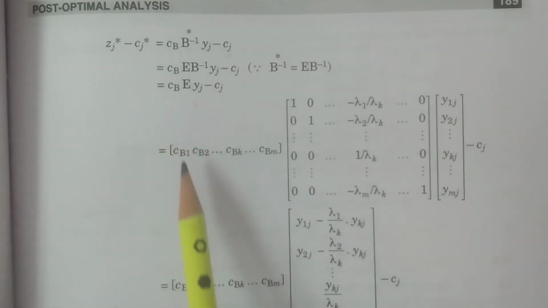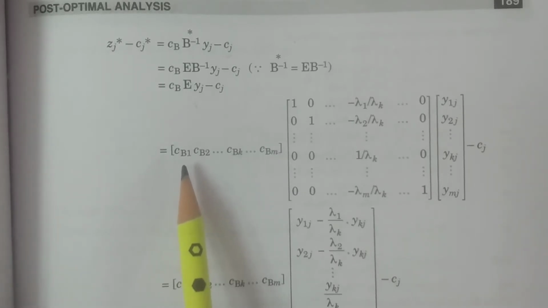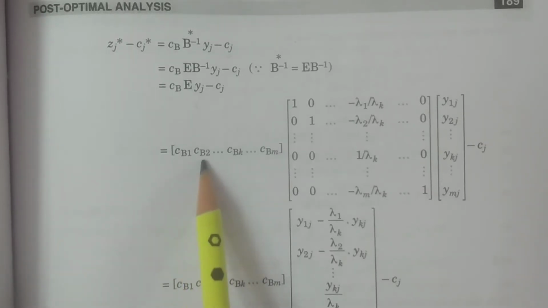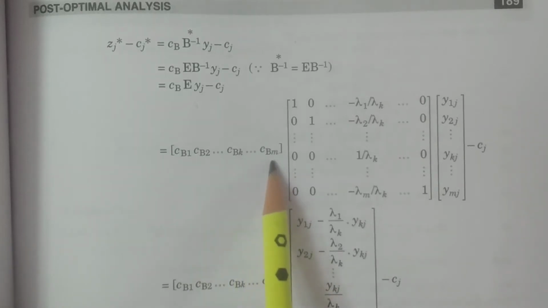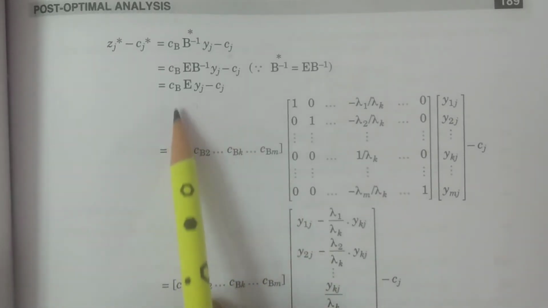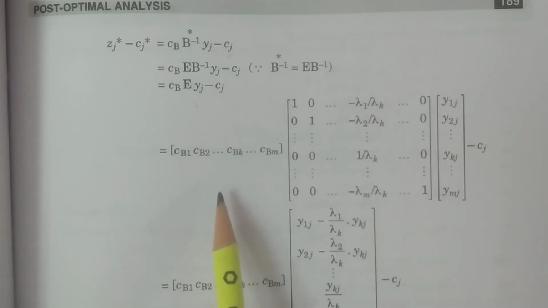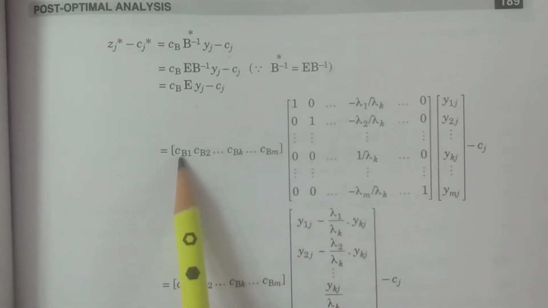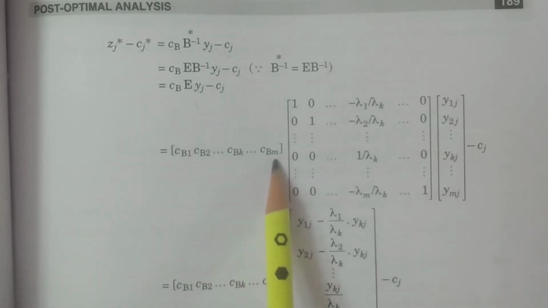CB is nothing but the column vector which consists of m coefficients of the cost function for the basic variables, that is CB1, CB2, CBK and so on, CBM. Because in the basis we have m variables, for m variables there are m cost coefficients.